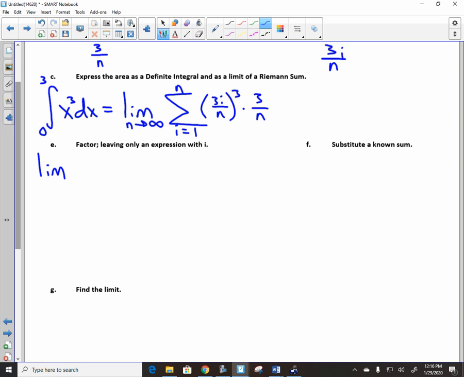Limit as n goes to infinity of the sum from i equals 1 to n of, what is 3i cubed? 27i cubed times 3. Very good, 81i cubed. What's in the denominator? n to the 4th.